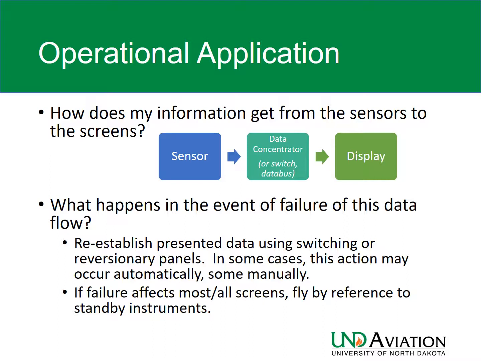If a sensor is providing good information and the data concentrator or display electronics unit is giving good information to a good display, life is easy. If something happens, then we need to get involved. If that data flow is interrupted, we need to use those reversionary panels. In some cases the action occurs automatically and some manually, and I'll review one here in a moment.